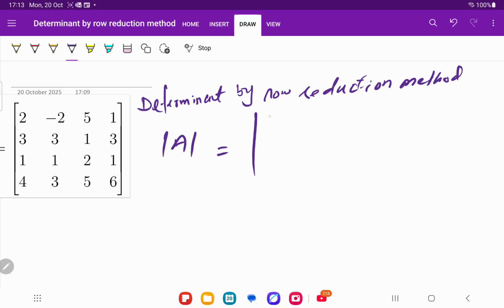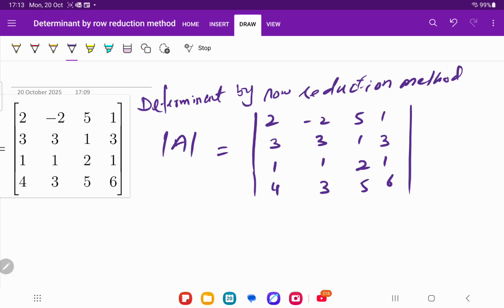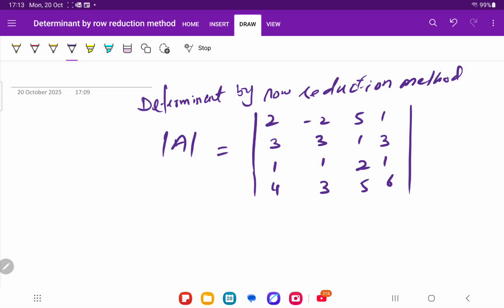The entries are 2 minus 2 5 1, 3 3 1 3, 1 1 2 1, 4 3 5 6. So these straight lines represent that we are working with determinants. Now I am deleting this.